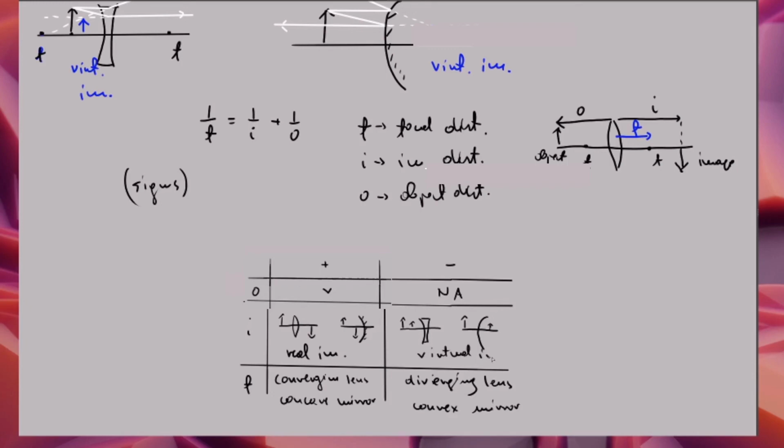Virtual images show up in this type of mirror and in this type of lens, and real images show up with this mirror and with this lens. And then F is the focal length, and focal length would be positive for converging lenses and for concave mirrors, and negative for diverging lenses and convex mirrors.